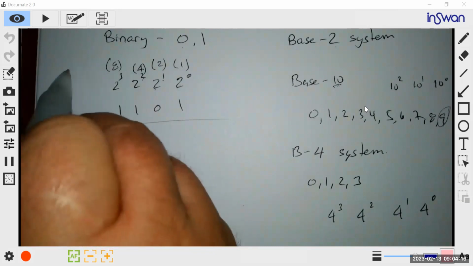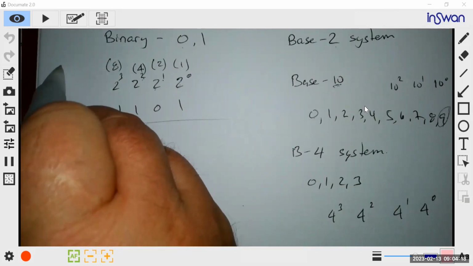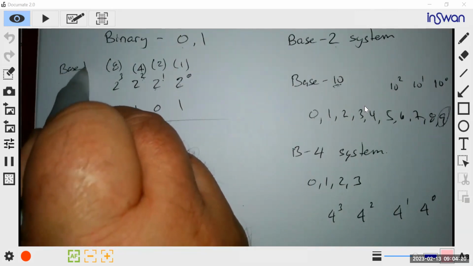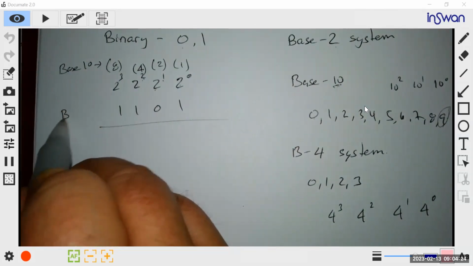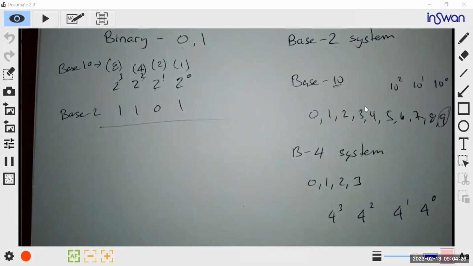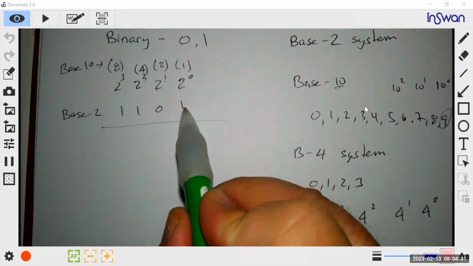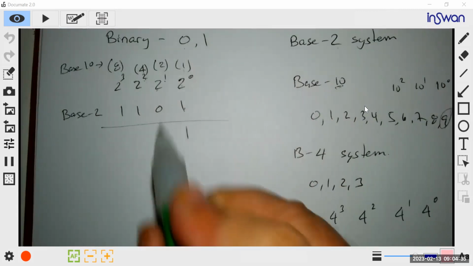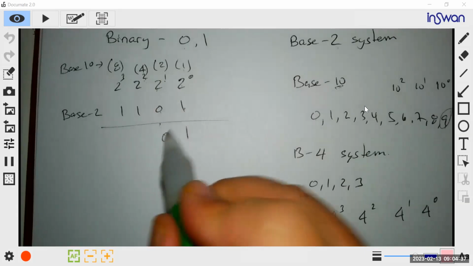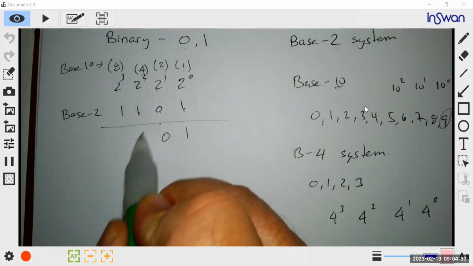So this is our base 10 numbers, and here's our binary number. How do we convert them? It's like an on and off switch. We have one of these, so that's a 1. There's none of these. I have one of these, so that's a 4.